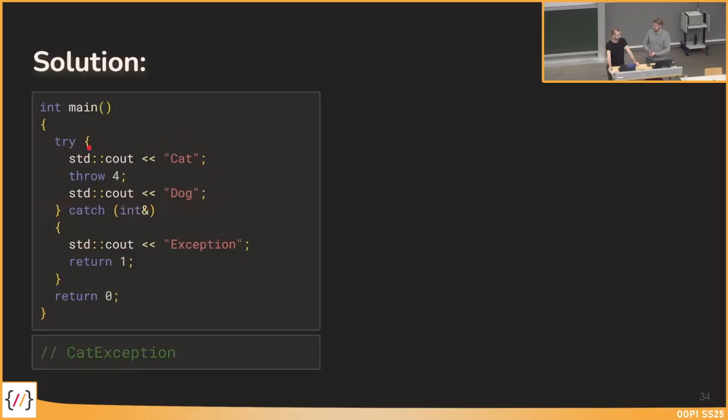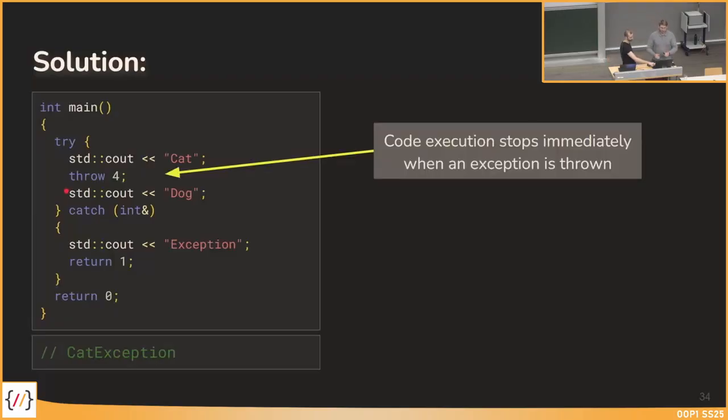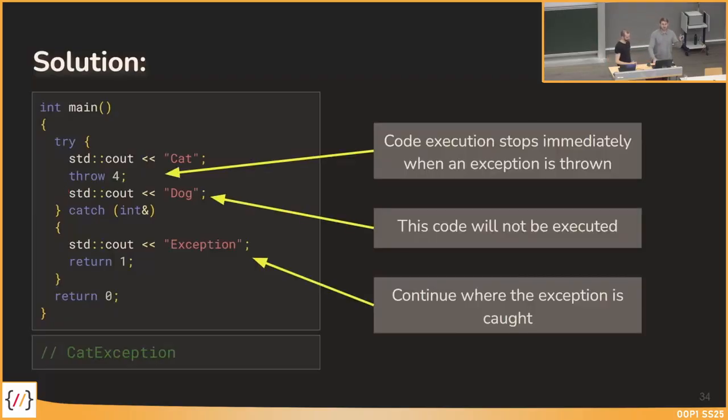As you said, all the code that would be executed after the throw statement is ignored, omitted. It isn't executed. And we directly jump into the catch block, and all the code in the catch block is then executed.